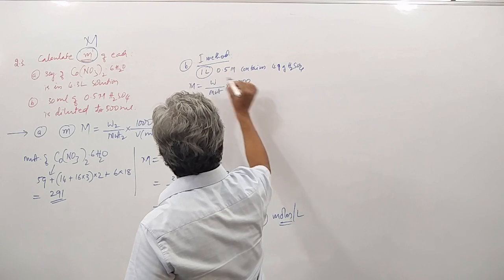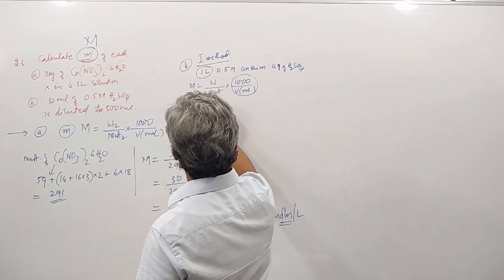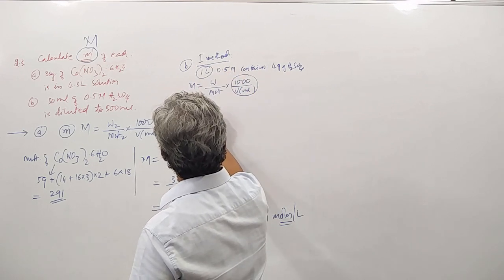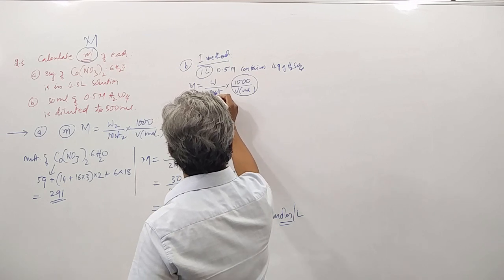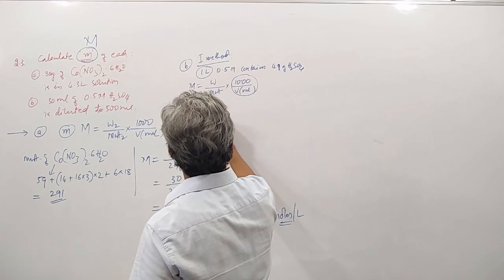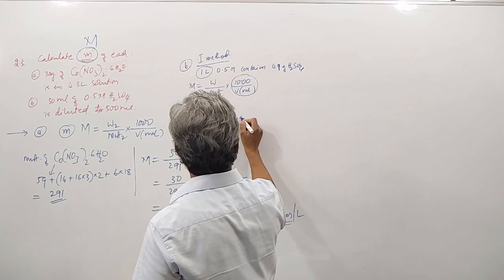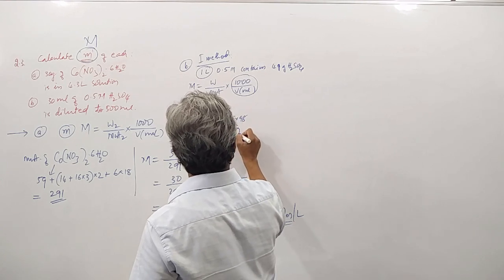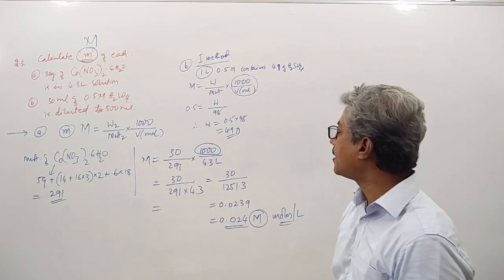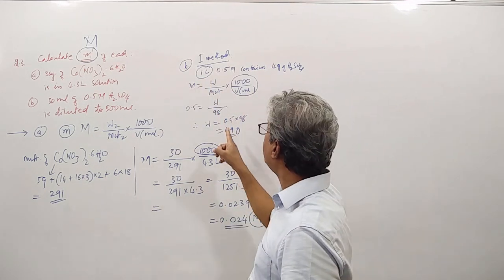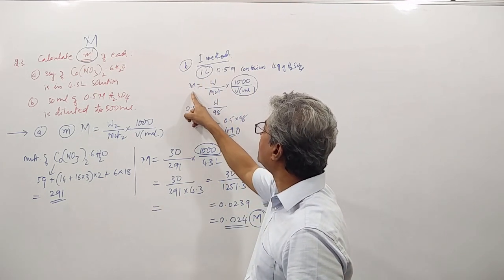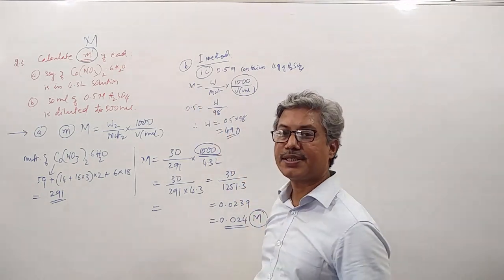Here 1 liter is there, that means the 1000 is not necessary to take. Molarity is given 0.5. Weight is to be calculated, divided by molecular weight, which is 98. This implies that weight is equal to 0.5, that's half, into 98, which is 49 grams. So it means that 1 liter of 0.5 molar solution contains 49 grams of H2SO4.